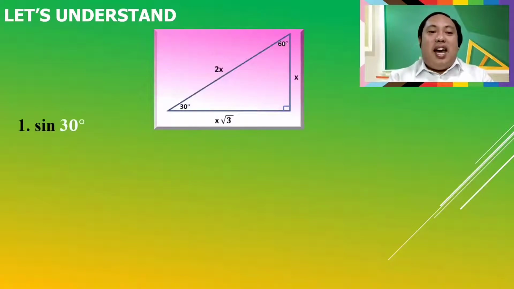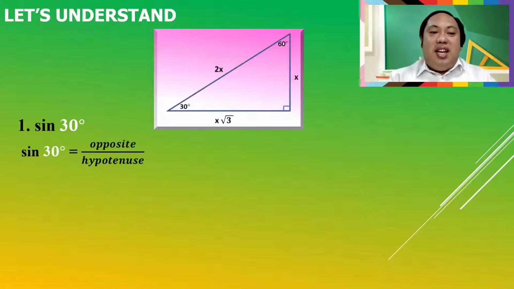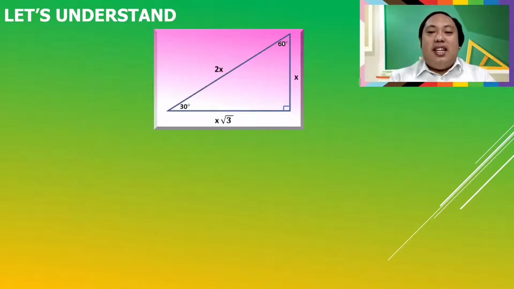So let's have sine 30 degrees for number 1. Sine 30 degrees is equal to opposite side over hypotenuse. Then we have x over 2x. Simplifying, we have 1 over 2. So therefore, our sine 30 degrees is equal to 1/2. Next, let's have cosine 30 degrees.